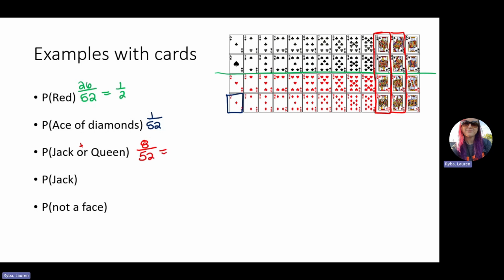That will simplify to 2 out of 13. Now, the reason it simplifies to 2 out of 13 is there are 13 distinct cards. Ace, 2, 3, 4, 5, 6, 7, 8, 9, 10, jack, queen, king. That's 13 different types of cards. You've selected 2 of those 13, jacks or queens.